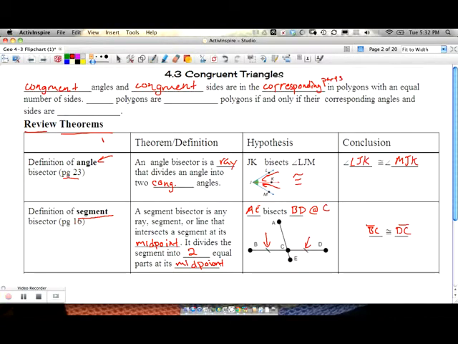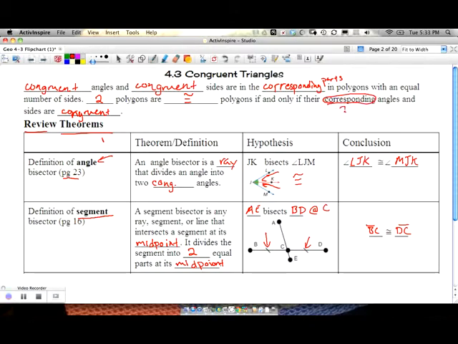Congruent polygons are if and only if their corresponding angles and sides are congruent. Two polygons are congruent polygons if and only if they're corresponding.